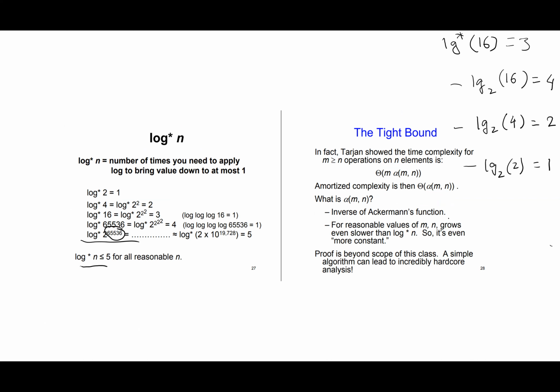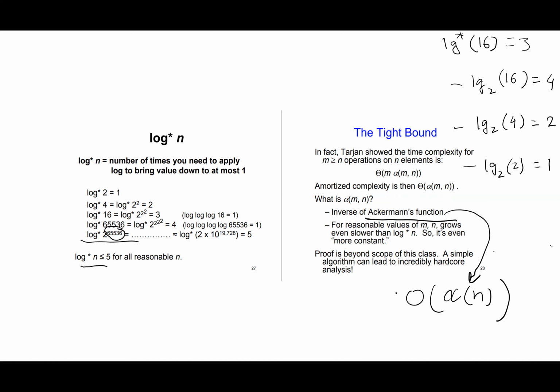Okay, so here is one thing. The actual time complexity of find is order of alpha n, which is called Ackermann's function.